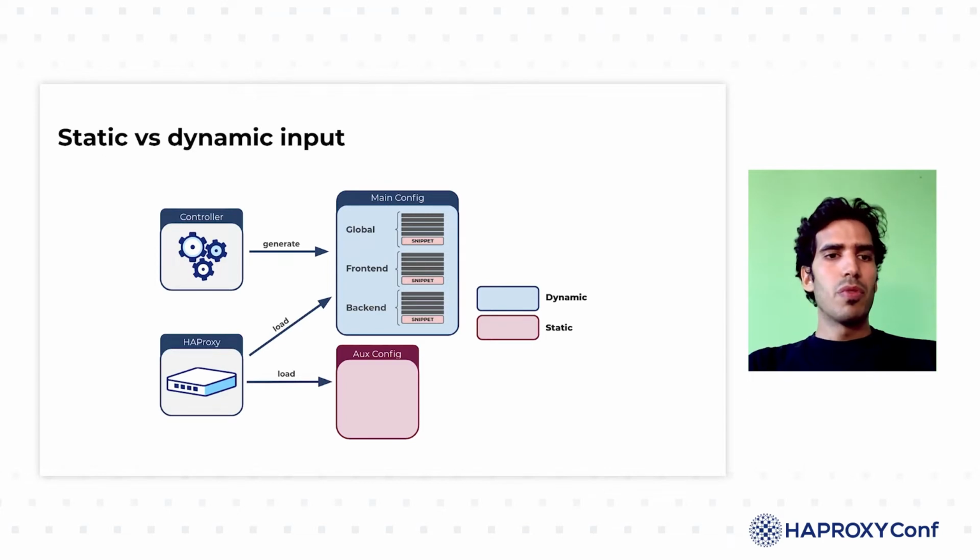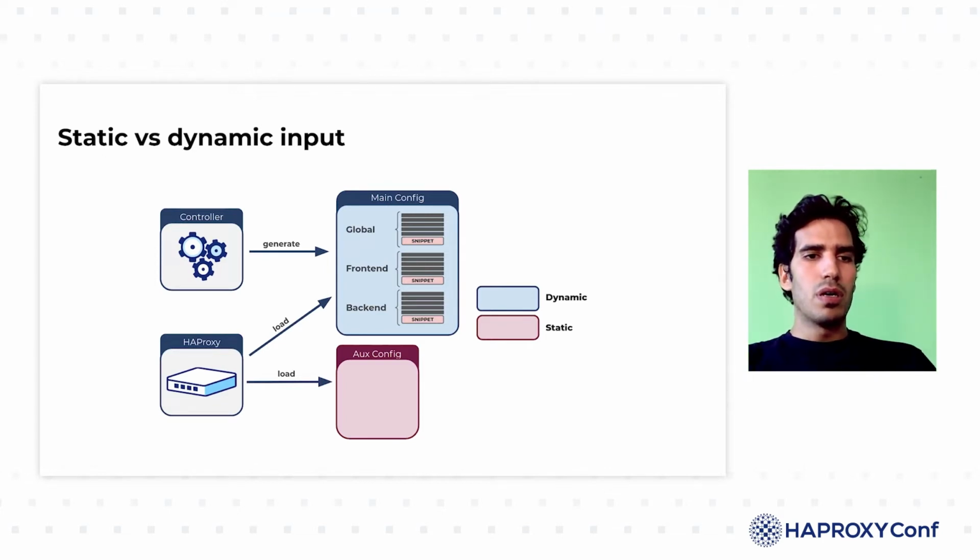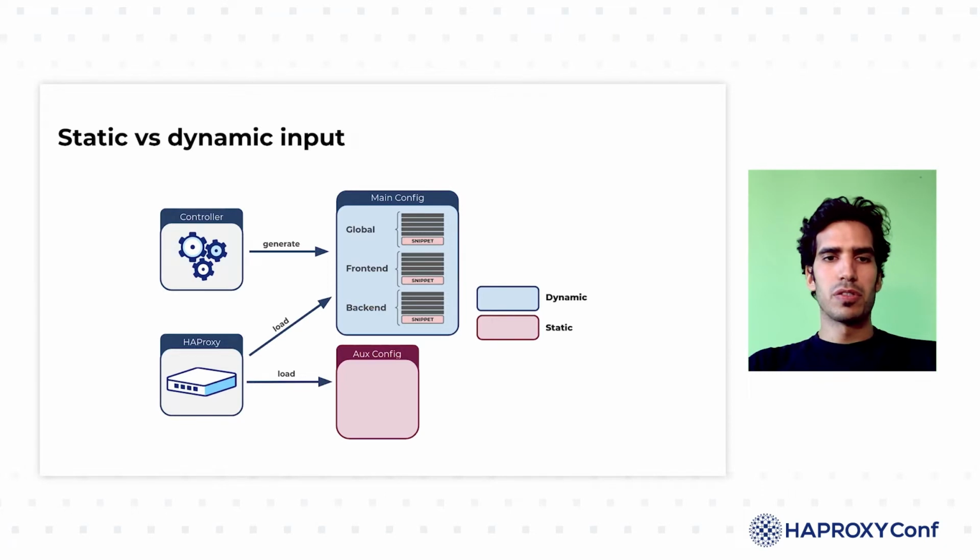The same applies if you want to insert backends in the auxiliary config file. It will be a static backend, which means the controller won't track any corresponding Kubernetes events like scaling up or scaling down.